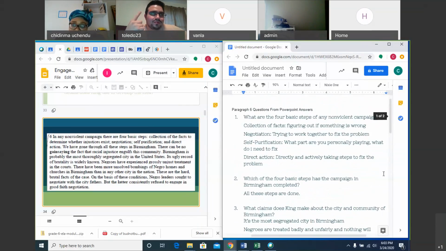For that you have to have 2 sides, right? You trying to fix it, and the other side who is having the problem. So working together to solve the problem. And self-purification is the part when you see on your side what is wrong, why you are doing wrong, or why that thing is happening.